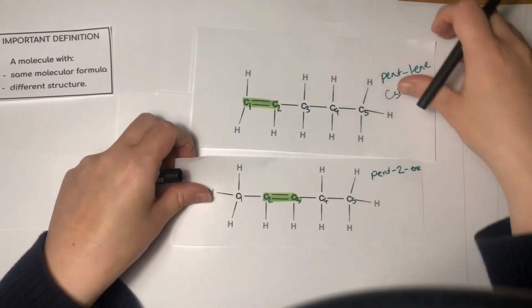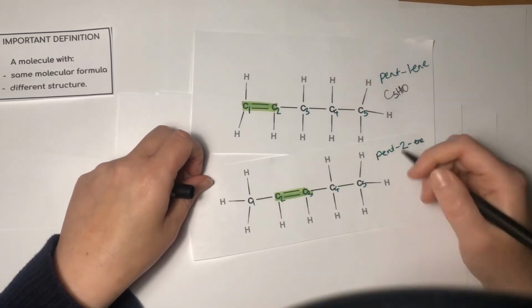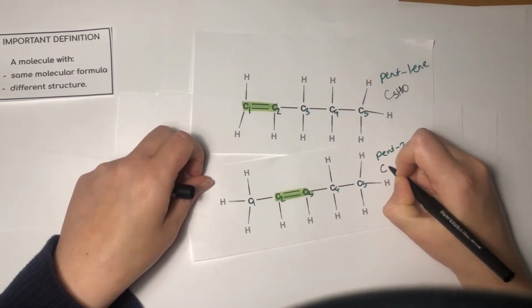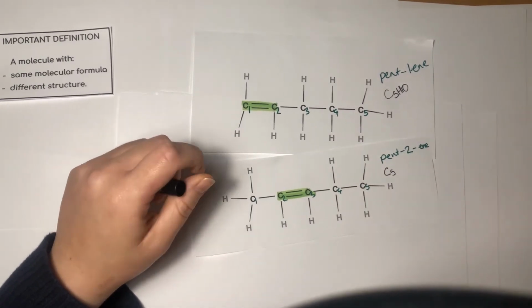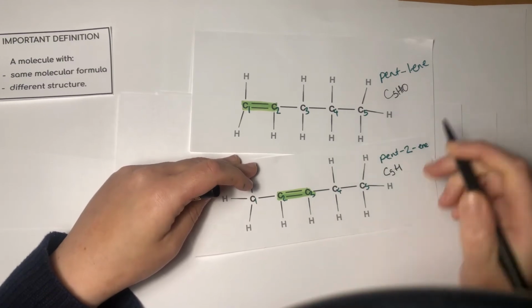If we now look at the second molecule here, again C5, and H: 1, 2, 3, 4, 5, H10.